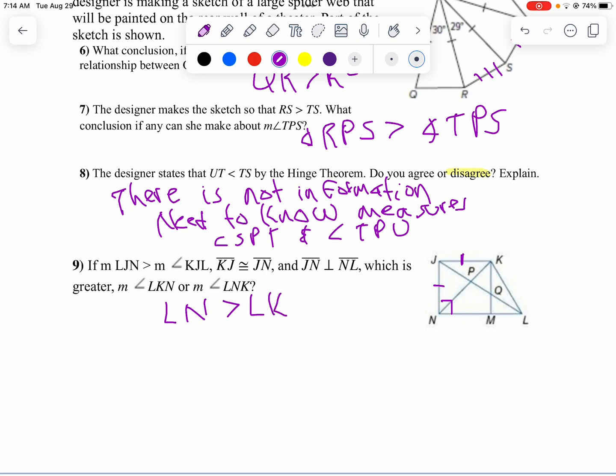And the reason we know that is by the converse of the hinge theorem. Since LN is greater than LK, that means the angles opposite those have to go in that same order. So we know the measure of angle LKN must be greater than the measure of angle LNK.